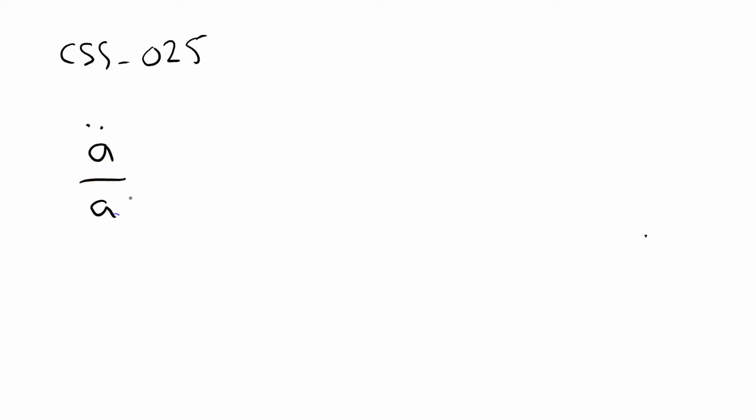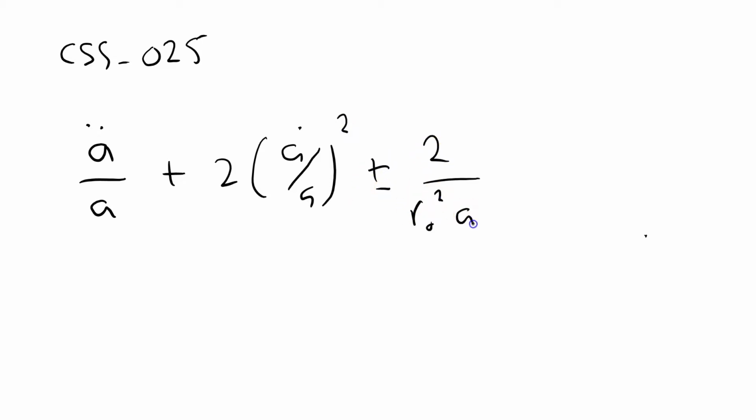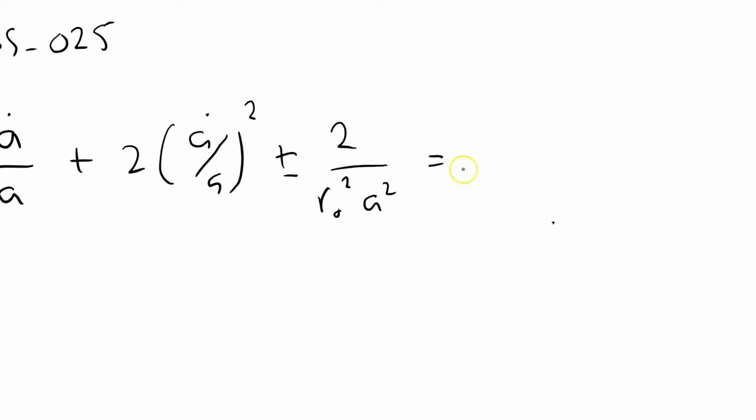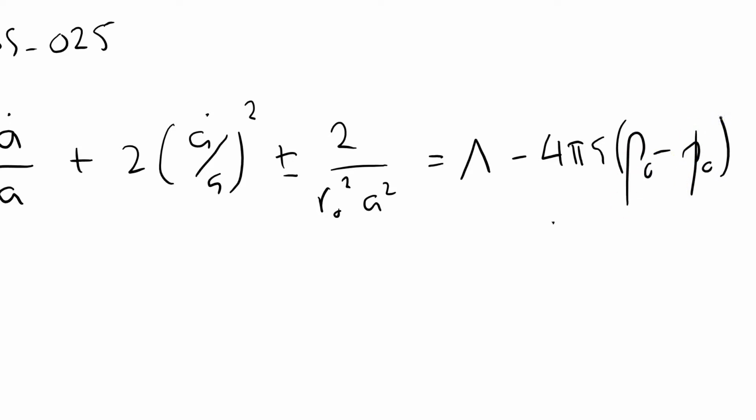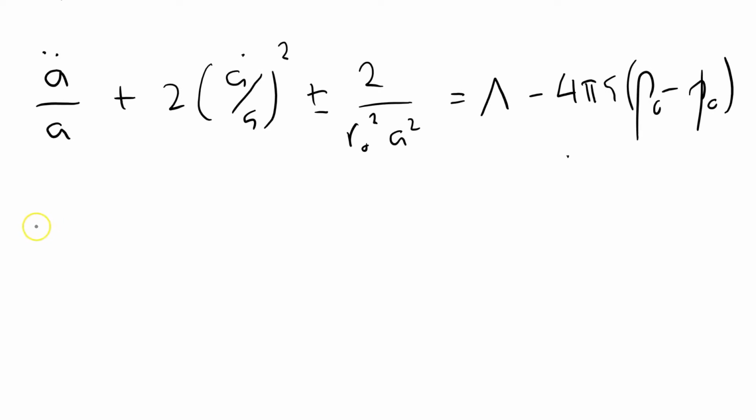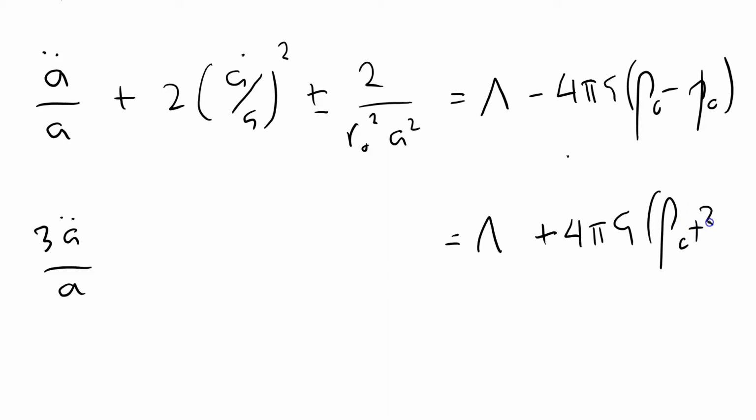We got a double dot over a plus 2 a dot over a squared plus or minus 2 over r0 squared a squared equals cosmological constant minus 4 pi G, let's just get this right, rho 0 minus p0. And the other one was 3 a double dot over a equals cosmological constant plus 4 pi G rho 0 plus 3 p0.